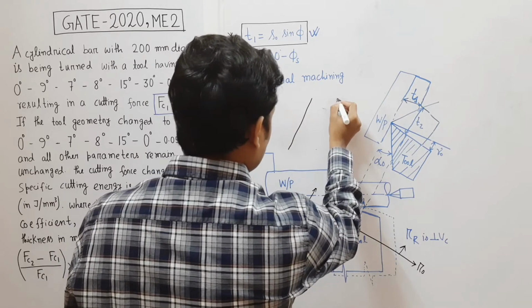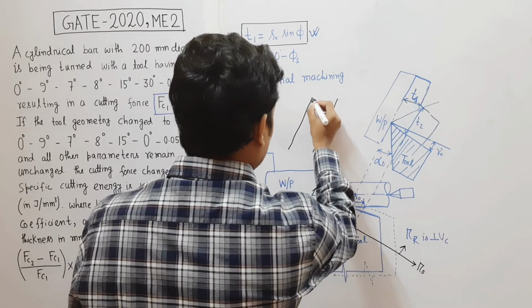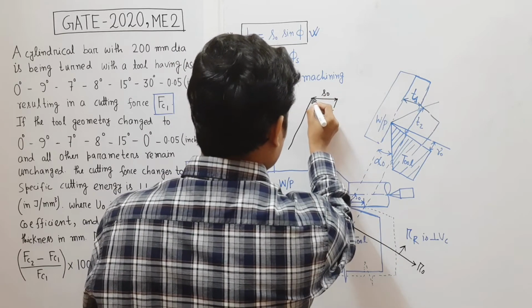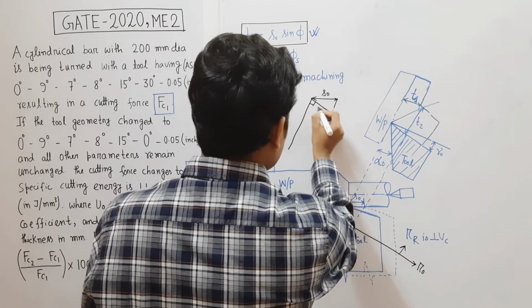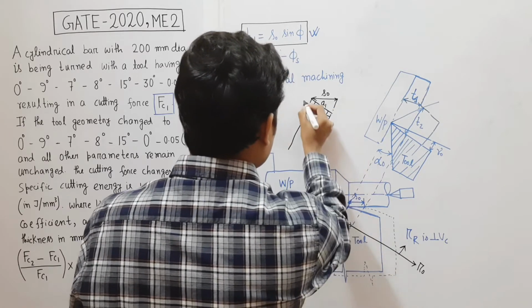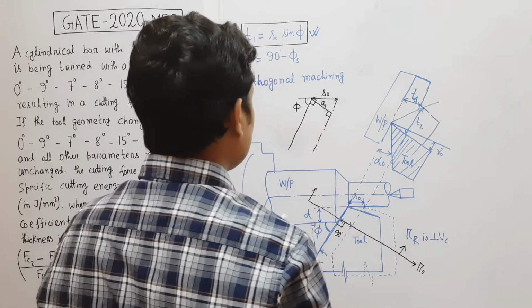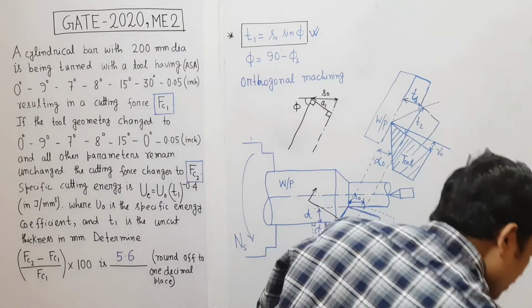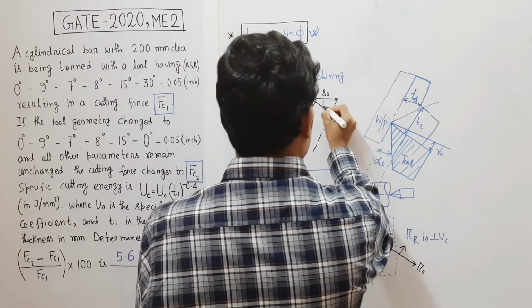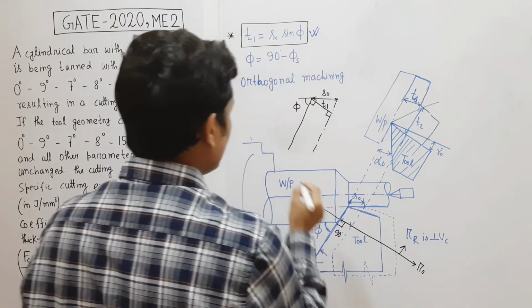The two consecutive positions of the cutting tool. So this much is S0. This perpendicular distance is A1. This is phi. Sorry again, that is T1, because uncut chip thickness is denoted by T1 here.